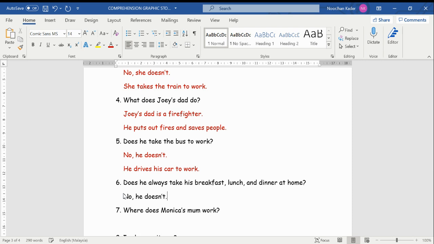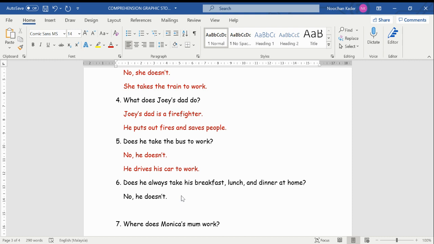Why am I using doesn't? Because he is a singular subject, so we have to use doesn't. He, she, it doesn't. I, you, they, we don't. So no, he doesn't.